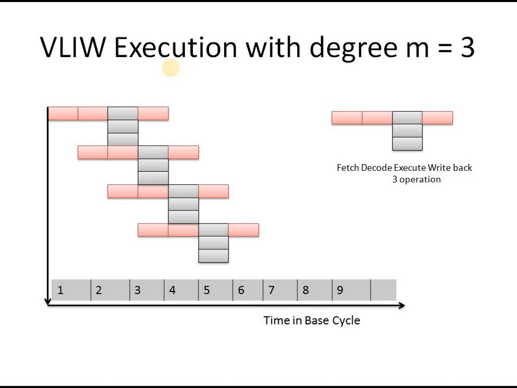VLIW machines behave much like superscalar machines with three differences. First, the decoding of VLIW instructions is easier than that of superscalar instructions. Second, the code density of the superscalar machine is better when the available instruction level parallelism is less than that exploitable by the VLIW machine.